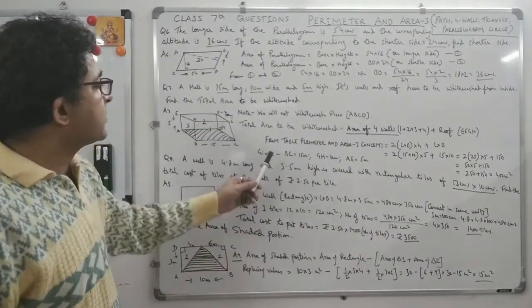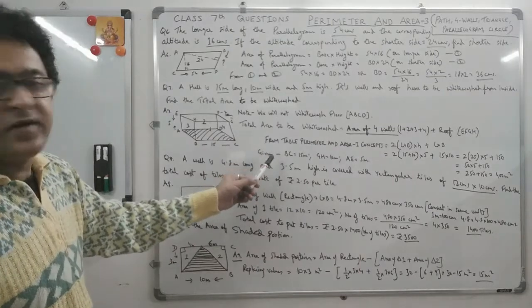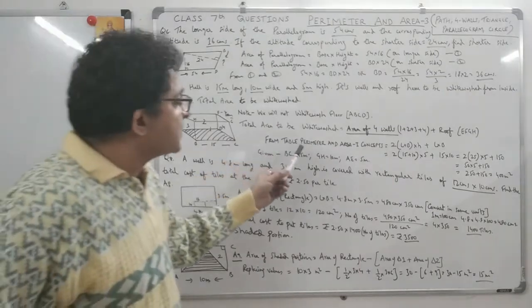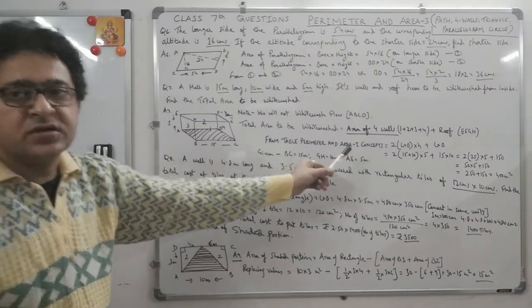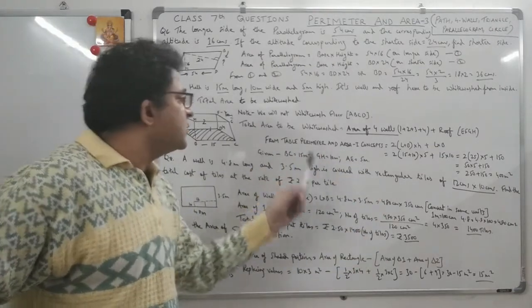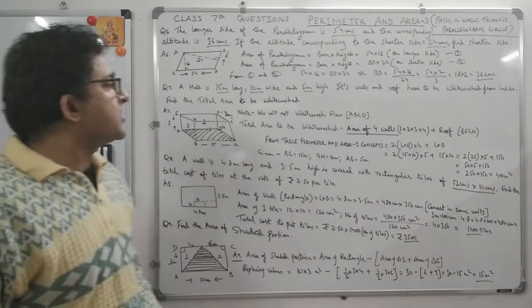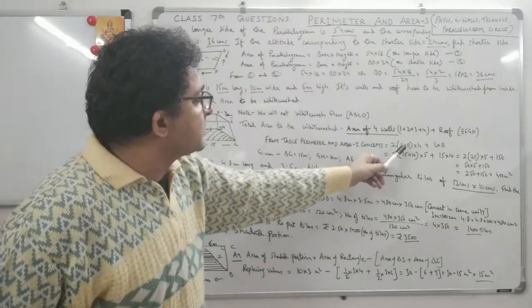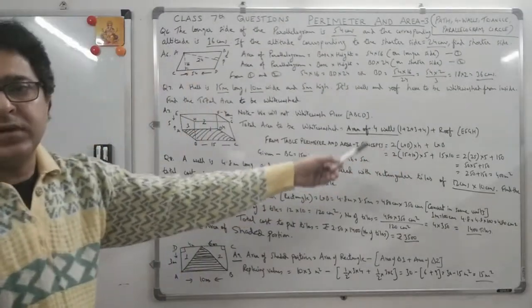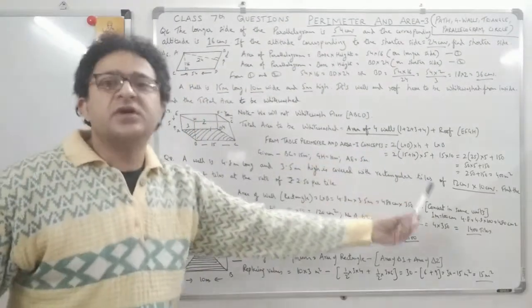From the table which I made in the first video on perimeter and area concepts, I had mentioned this formula for the area of 4 walls, right? So the area of 4 walls is twice length plus breadth into height. You have to memorize this, it is an important formula.